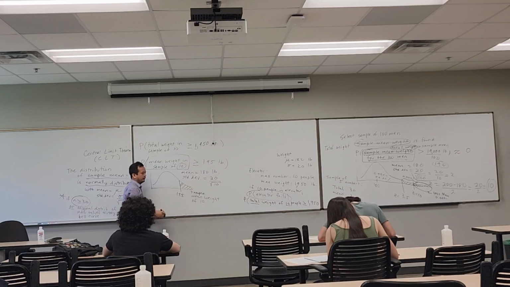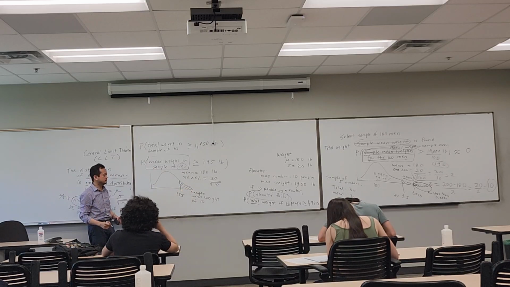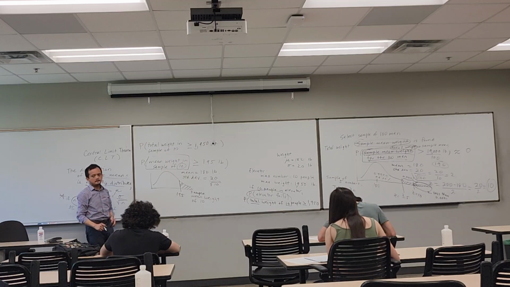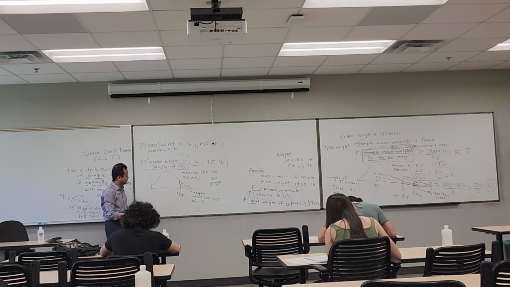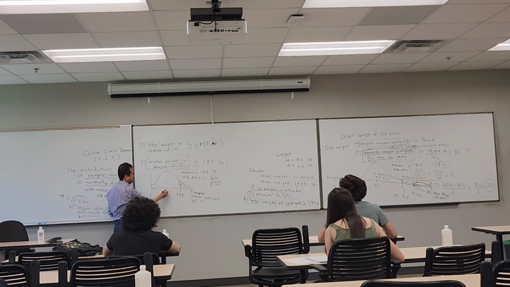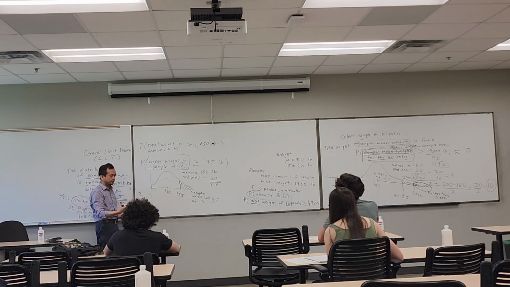So what's the next step to finding this right area? Find the z-score for this reference number. So the z-score of this data point is the distance of this data point away from the mean of 180 measured in the number of standard deviations.